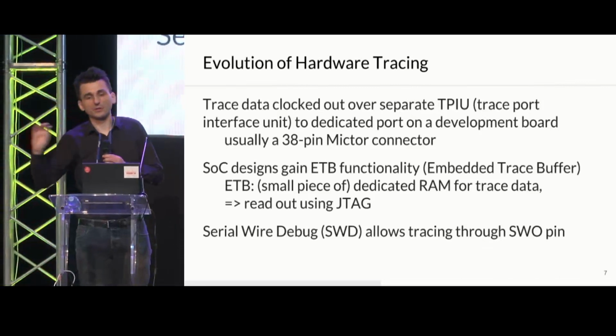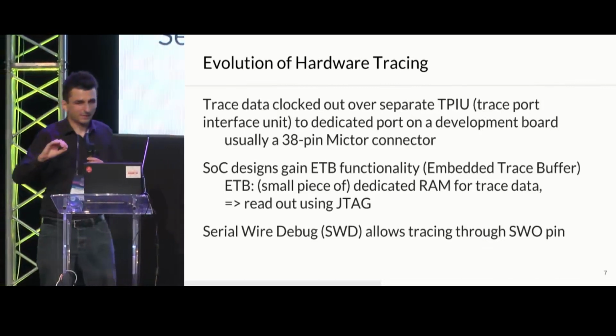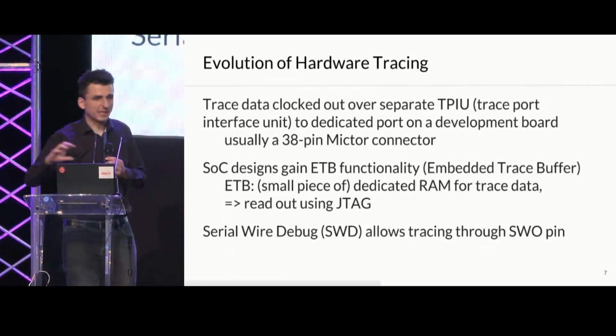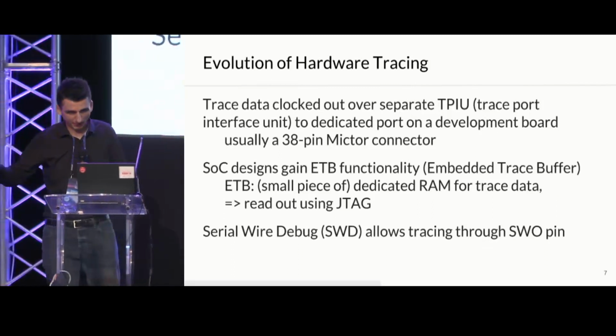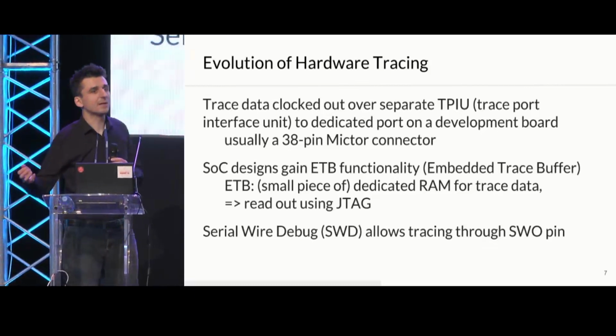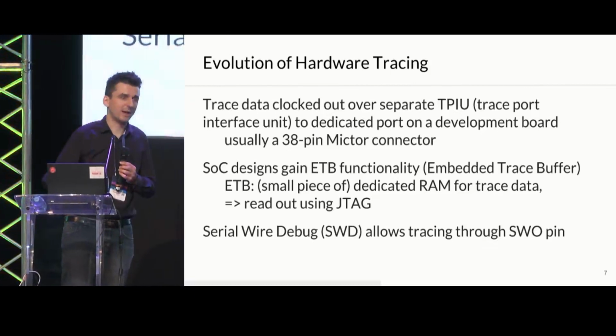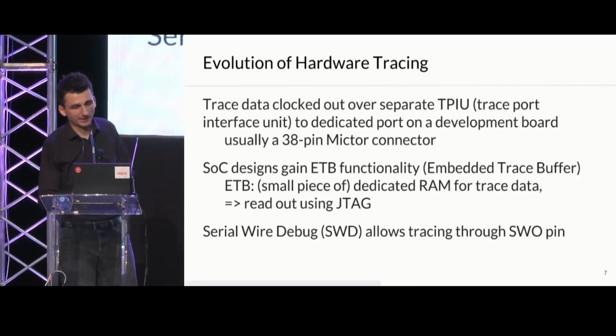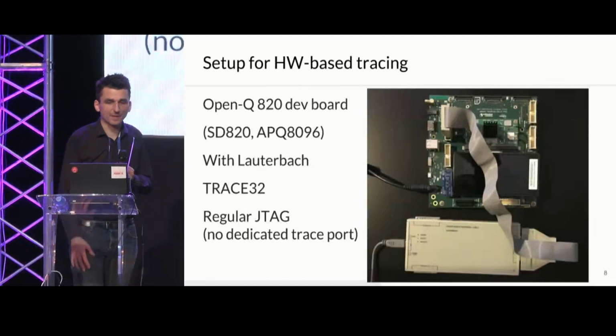The alternative, if you don't want to use JTAG because it constrains the number of signals you can have, is serial wire debug, which has a dedicated pin for outputting that trace data, which will also be compressed. We'll talk about that on the next slides.